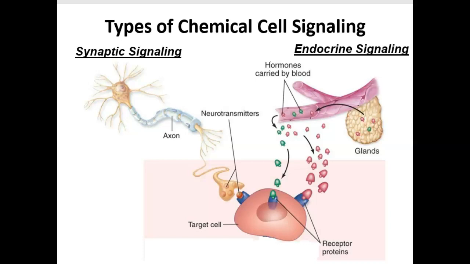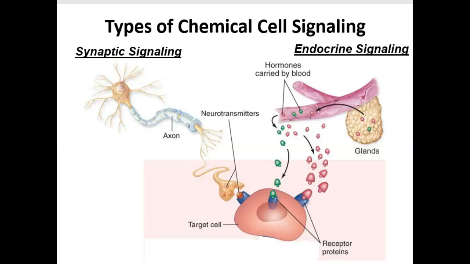The last type is called synaptic signaling and is shown on the left. Its name is derived from the fact that a neuron is always the signaling cell, and the junction between a neuron and its target cell is called a synapse. At the end of the neuron, a ligand, known as a neurotransmitter, is secreted or released.